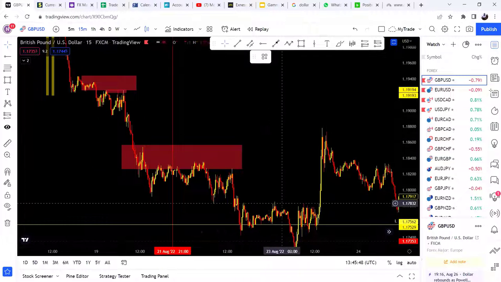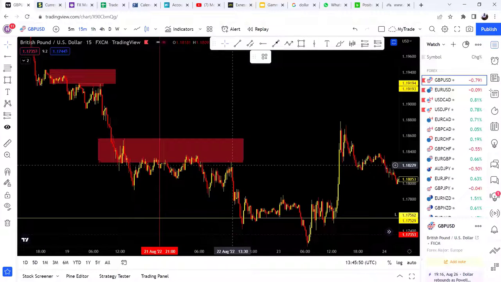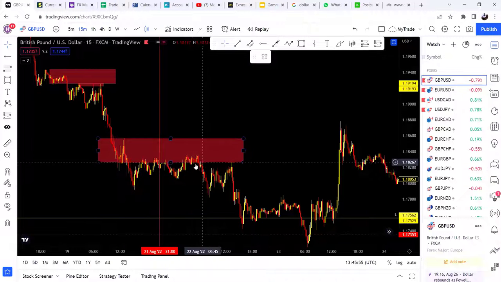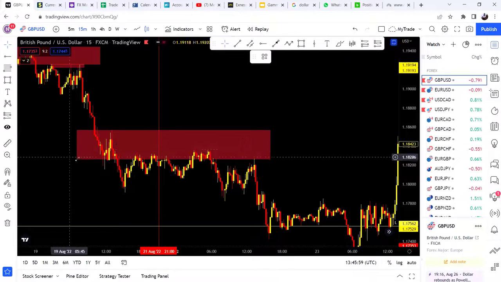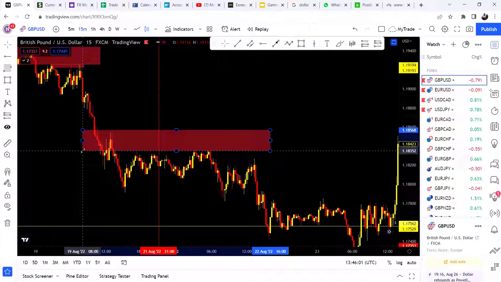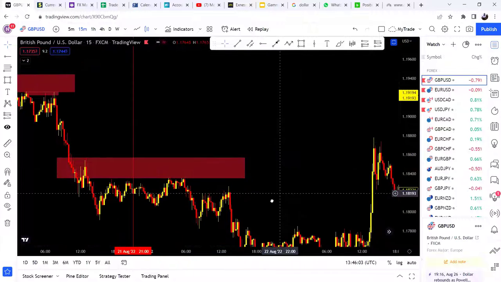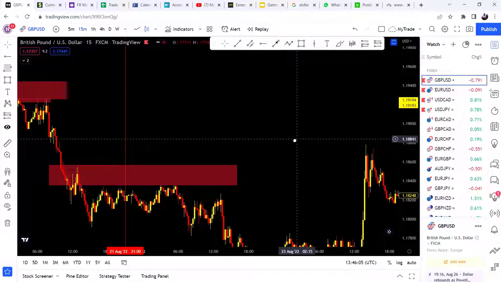So after this, if I had this zone here, I could have secured an entry around this place. If there was a refinement, probably this would be the refinement.